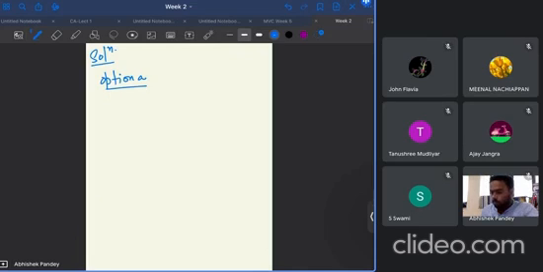Okay, so if you see option A, take z equal to 1 and w equal to 2.